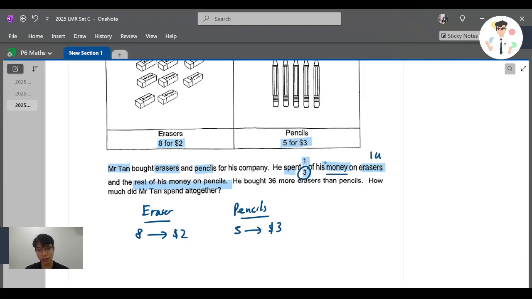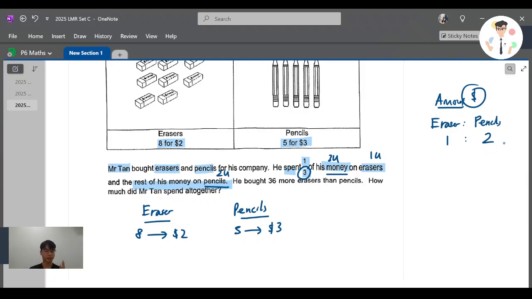The total is 3 units. But pencil is how many units? 3 minus 1, which is 2 units. This means that the amount he spent on eraser and pencil, the money part, is 1 to 2.